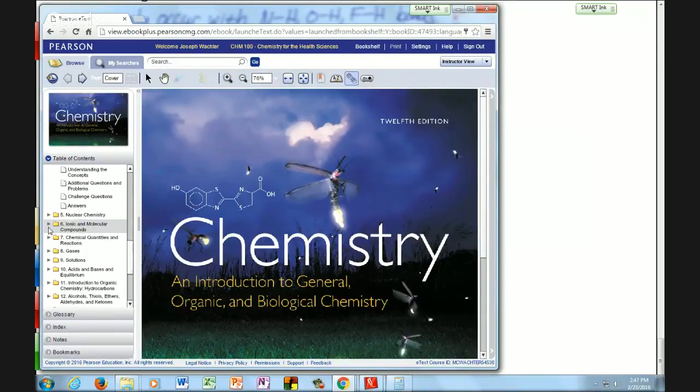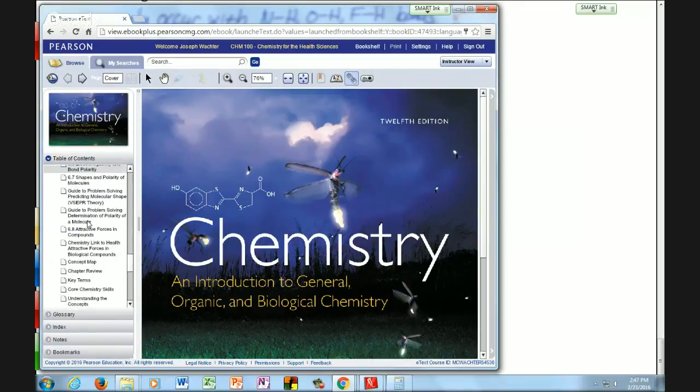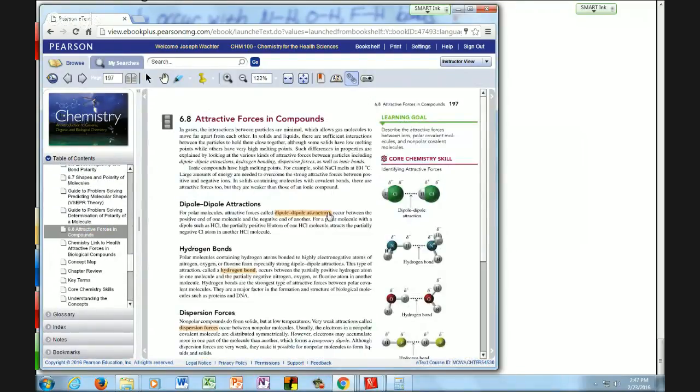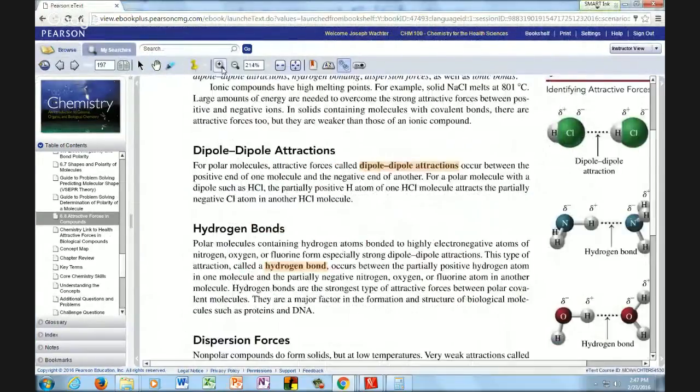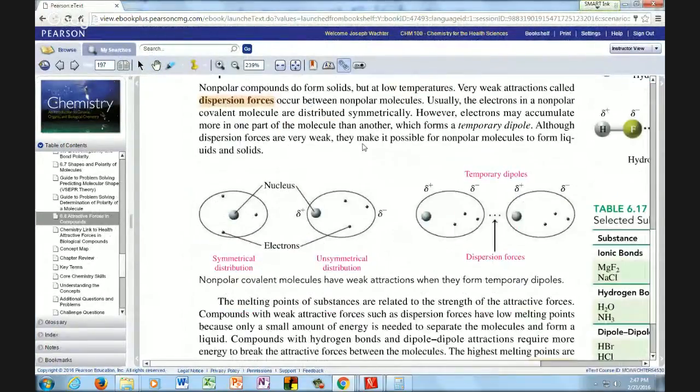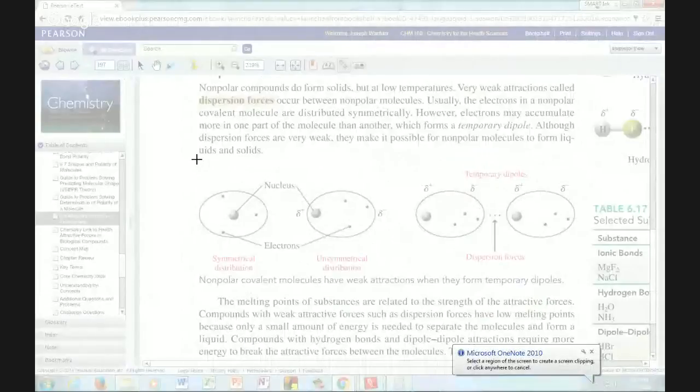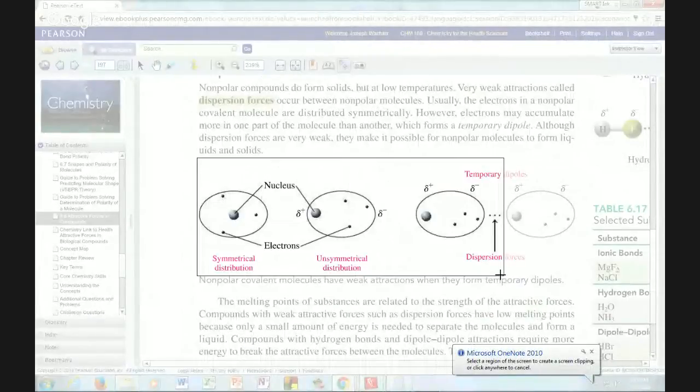Oops, wrong chapter. Number 6. Okay. So here are these forces. This is page 197.